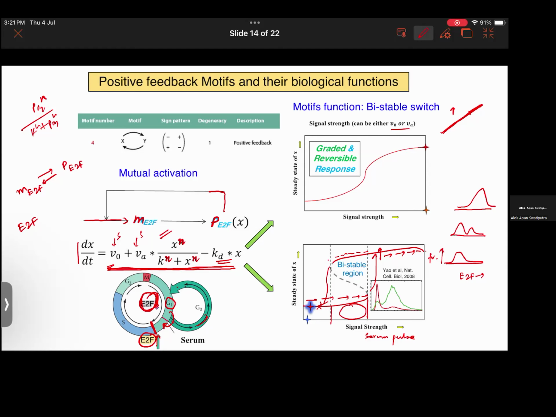Makes sense? This experiment, in the direction I have made, it is low to high. For example, if I say this was at 0.5% serum, this was at 2% serum, this was at 10%. When they did the reverse experiment, at 10% serum, it was something like this.